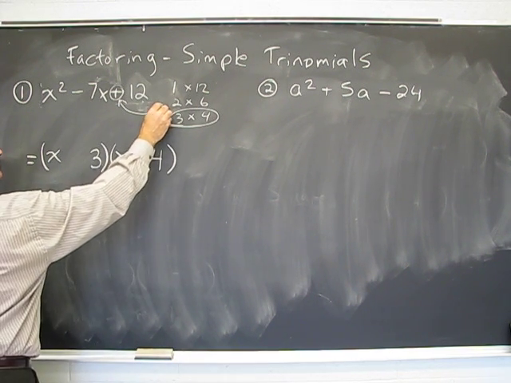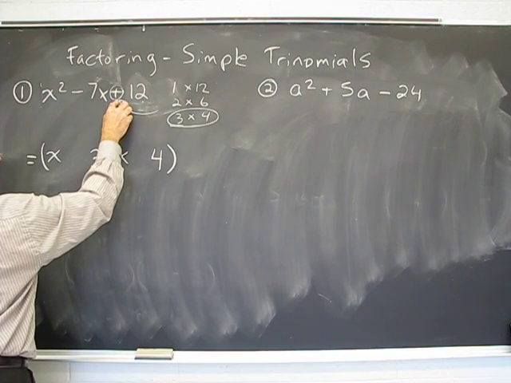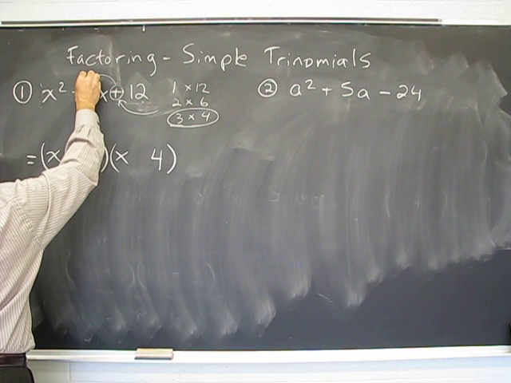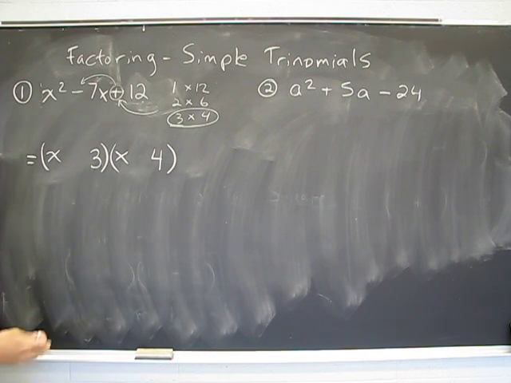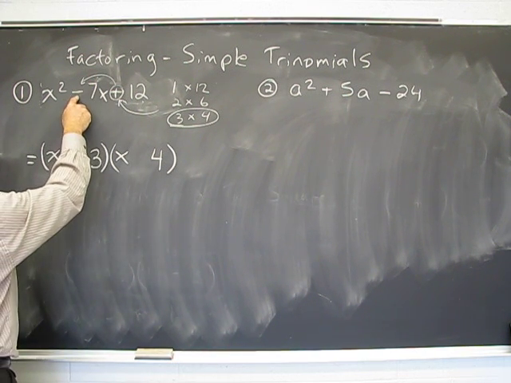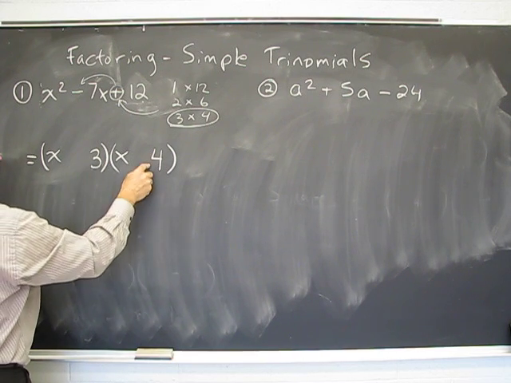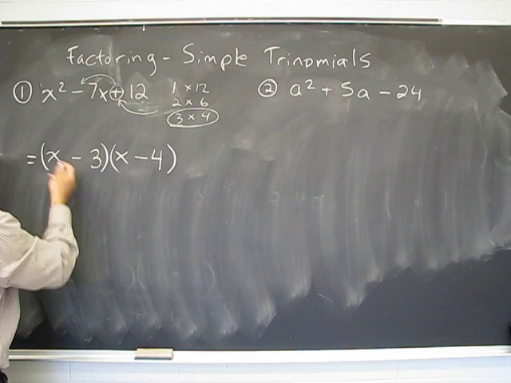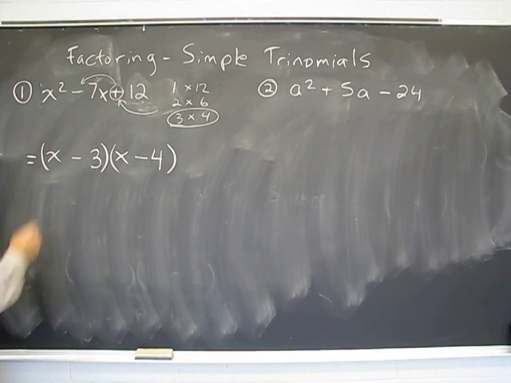So the signs must be the same if this is a plus on the last term. And the larger of the 2 numbers is going to be negative. So they're the same, and the larger is a negative, well then the other one must also be a negative. And there is your product of 2 binomials that would give you that back.